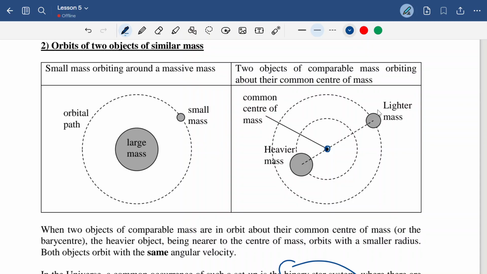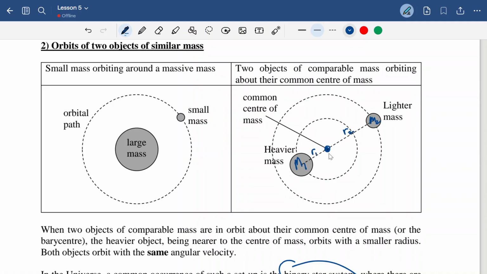But in the universe, we don't talk about a uniform gravitational field. It's no longer uniform. It's very complicated. So we use center of mass. Let's say for this case, there's a heavier mass and a lighter mass. You can see that the center of mass is actually nearer to the heavier mass. If we were to do a calculation, let's say this is M1, this is M2, this is radius R1, this is radius R2.